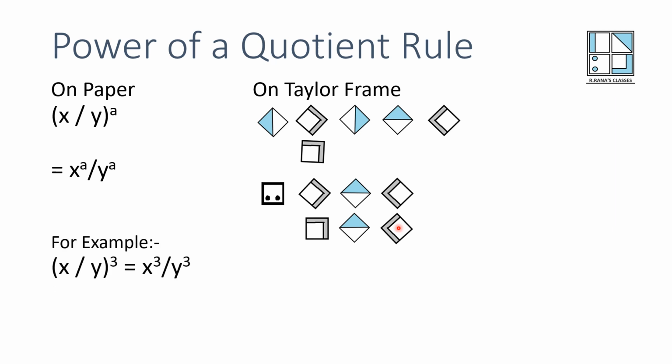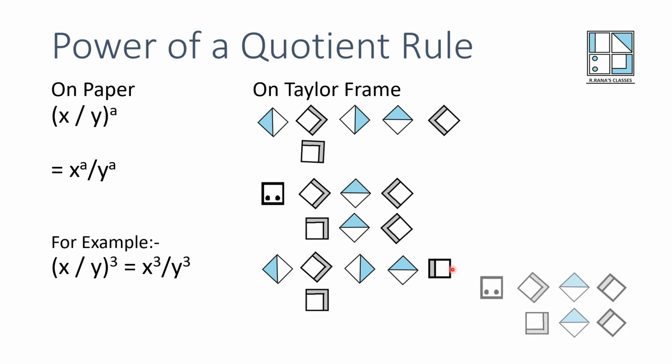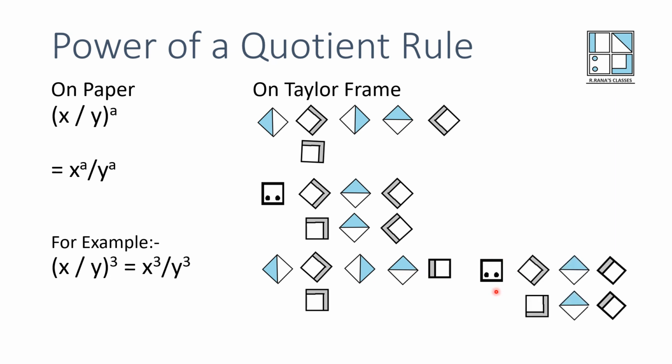For example, x upon y whole cube is x cube upon y cube. So brackets open, x upon y, bracket close, raised to power 3 is equal to x raised to power 3 upon y raised to power 3.